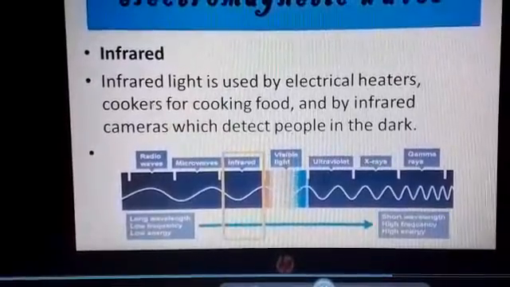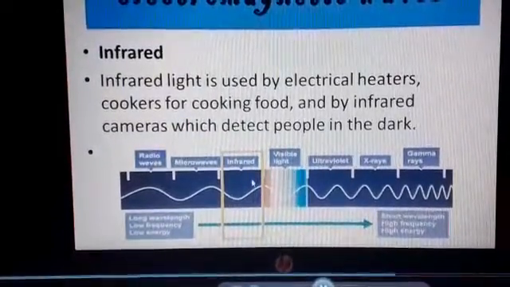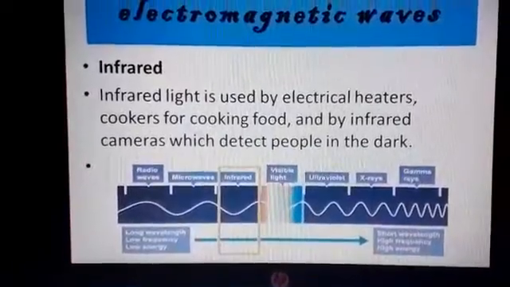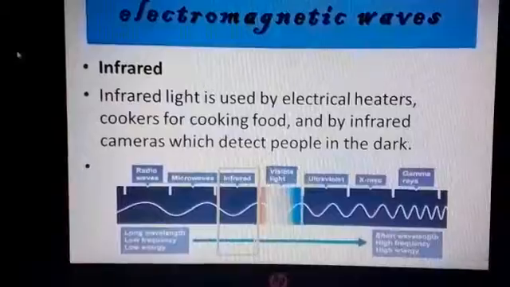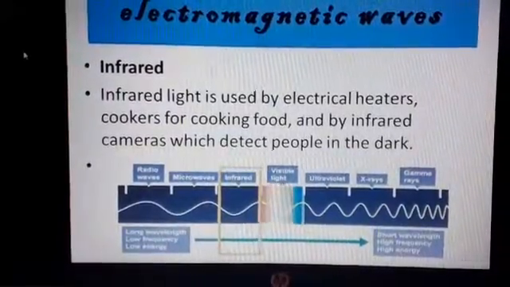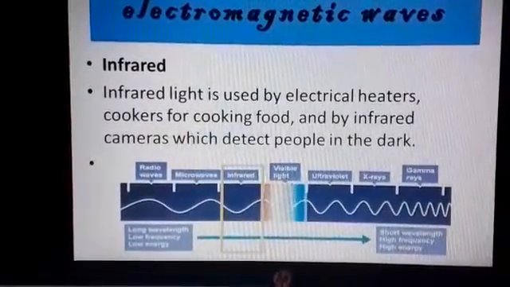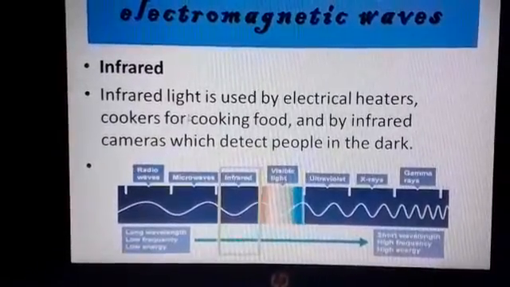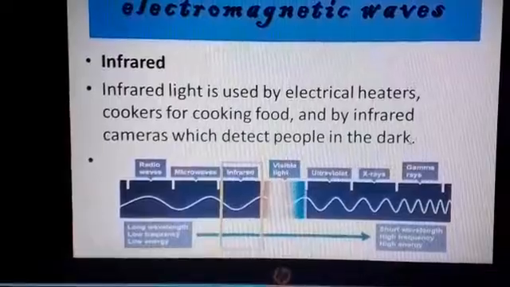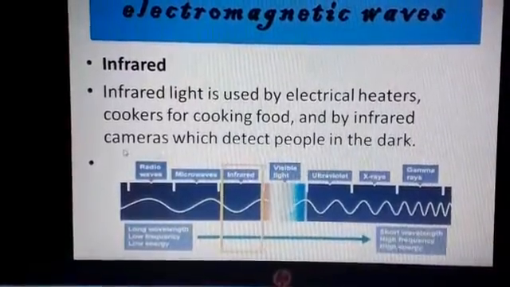It has a shorter wave, therefore higher energy, and this is basically the heat energy we use. No, the red light is not heat energy. The red light is light. However, it does come along with infrared, and that's basically the waves that carry heat from one place to another.